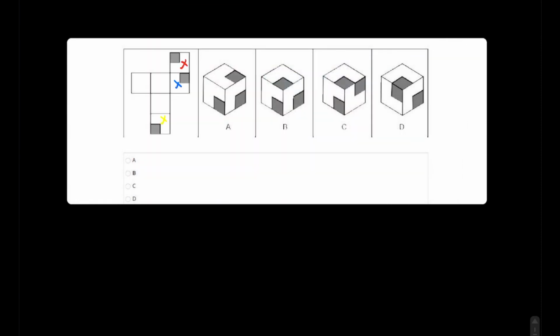In order to best visualize how this cube is going to be folded, we want to make sure we're looking at it in such a way that it matches up with the answer choices. So I'm just going to draw a little arrow. We're going to be looking at this square on the right, this one that has the poorly drawn arrow. That's going to be the front square of our perspective. That's how we're going to look at it.